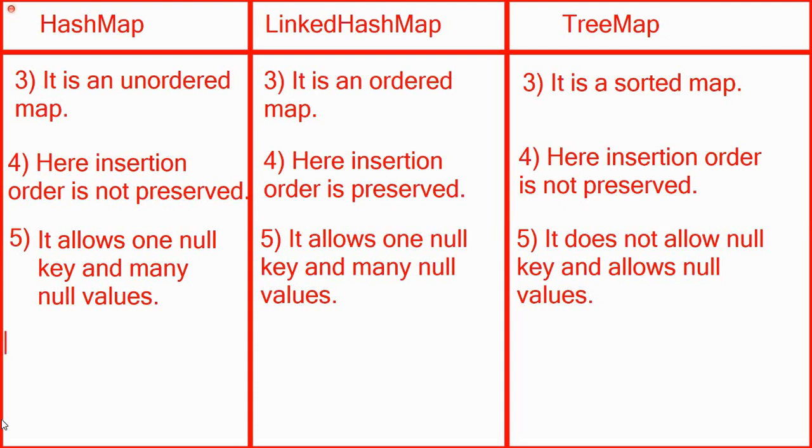Sixth one, initial capacity. Same as HashSet, LinkedHashSet, TreeSet. Like that only, HashMap, LinkedHashMap, TreeMap. Okay.